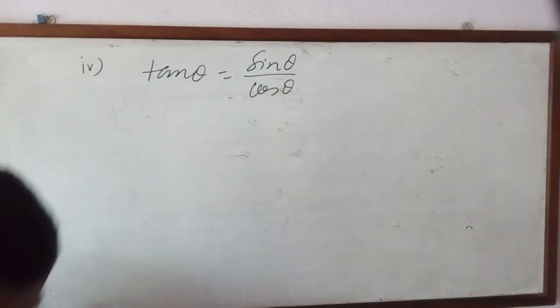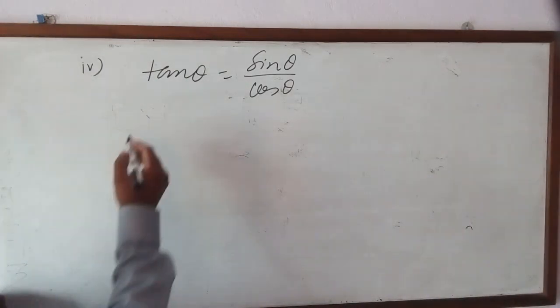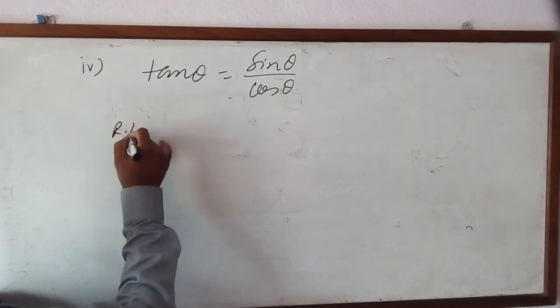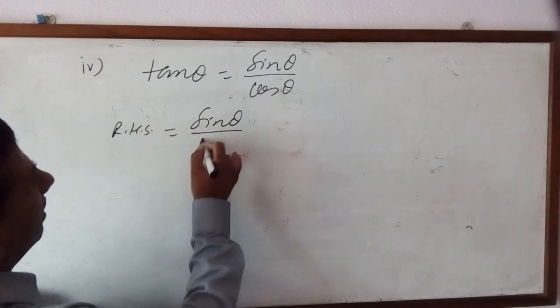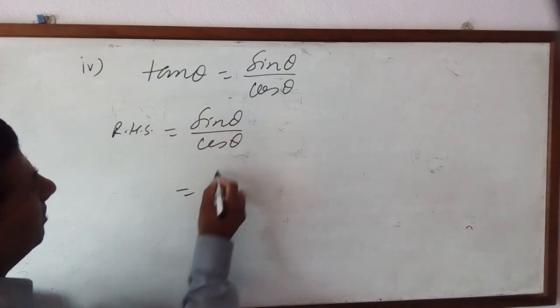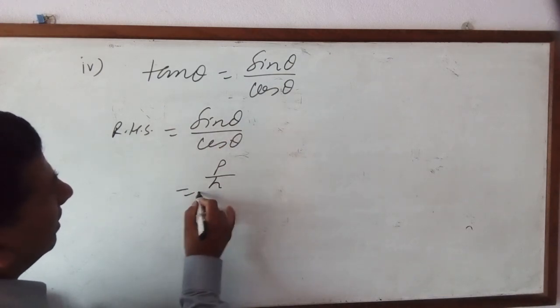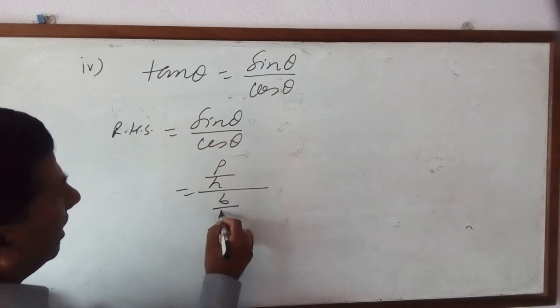How to do from RHS? Sin theta by cos theta. Sin theta means p by h, cos theta means b by h.